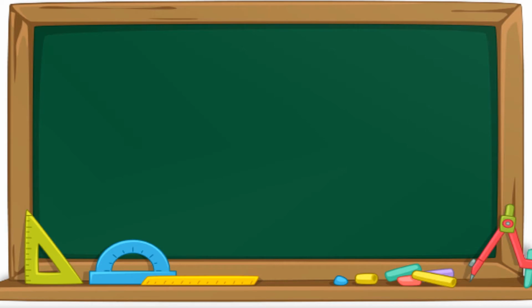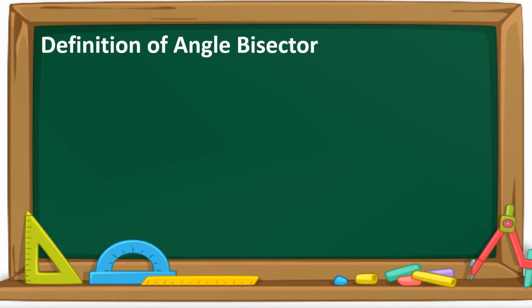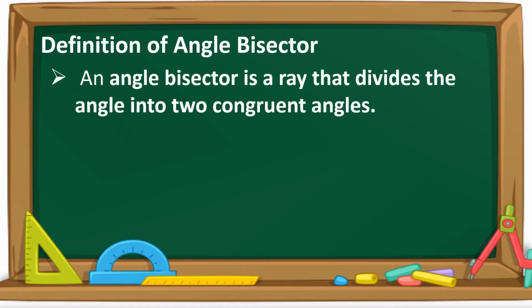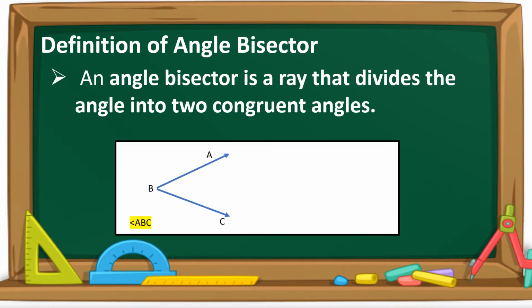Let us start our lesson by defining an angle bisector. An angle bisector is a ray that divides the angle into two congruent angles. So we have the illustration of angle ABC. Ray BD is the angle bisector.